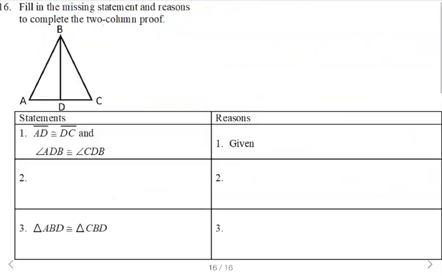All right, we've got one proof we're going to complete here. Segment AD is congruent to segment DC. And then angle ADB is congruent to angle CDB. Those two angles are congruent. That's all given to you. Now we've got the reflexive property at work here. BD is congruent to BD.